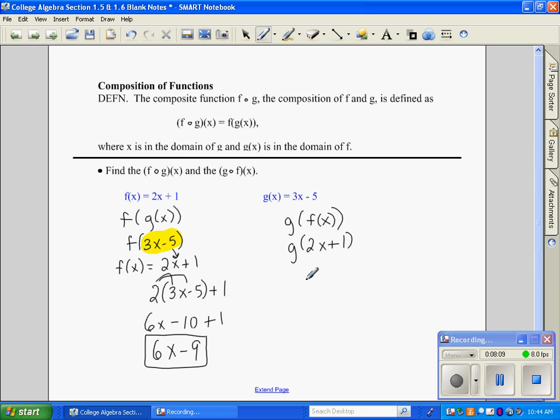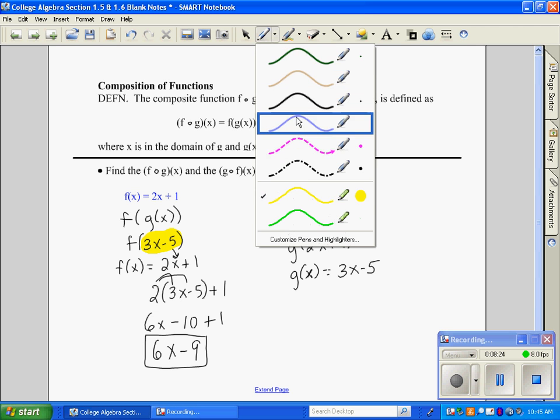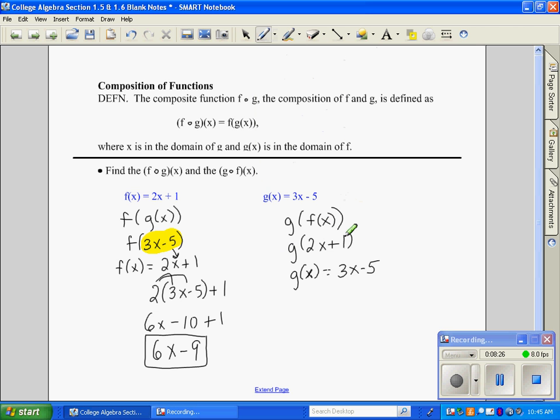Now I stop right here and I say this is asking me to go to the g function, which is here. Let's go write down the g of x, 3x minus 5. And now they're asking me to substitute this value in place of x in this next equation.